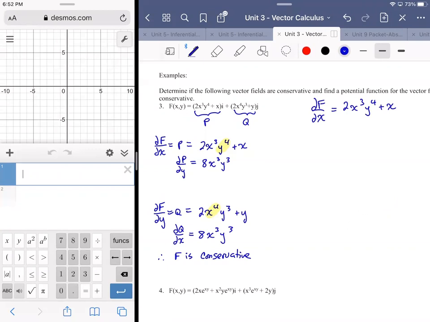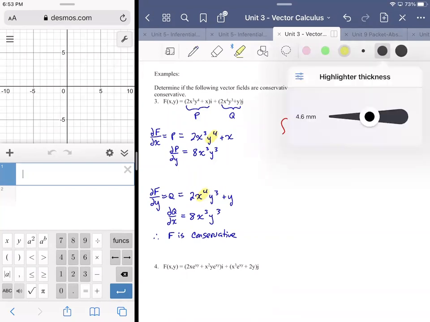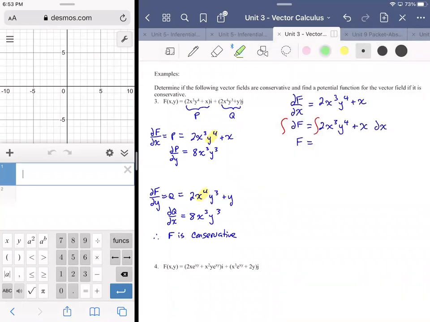All right, and you're going to see some things familiar and some things that we can now kind of tackle. You're going to get it into differential form. So 2x to the 3rd y to the 4th plus x dx. Anti-differentiate both sides, and we're going to get f is equal to, we're doing this with respect to x. Everything else is going to stay put.